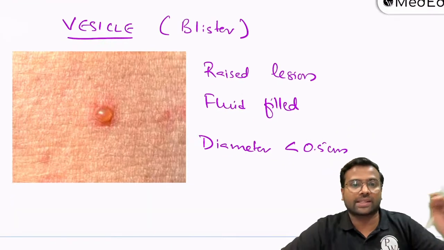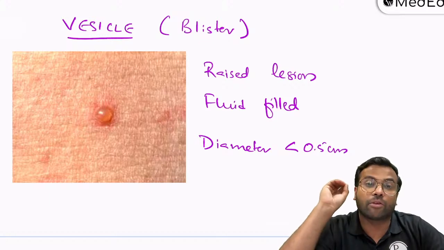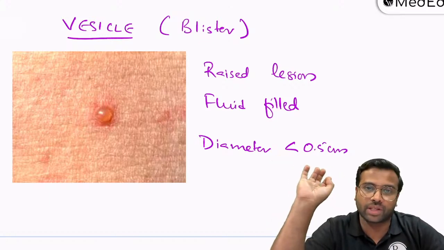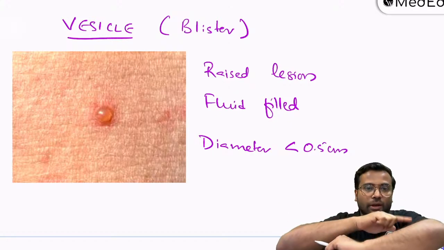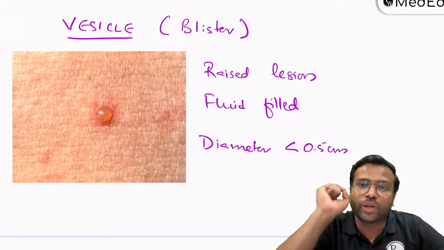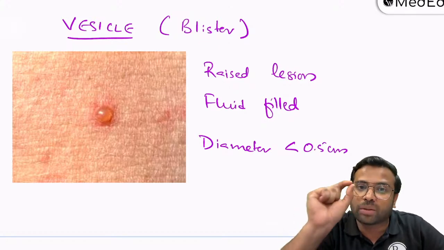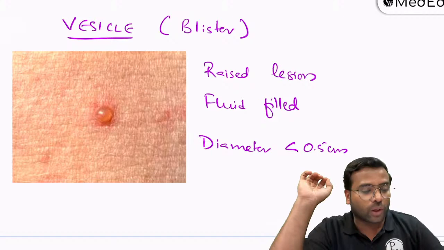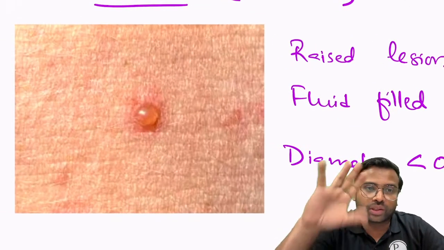This is what we call a vesicle or a blister. Okay? So anytime you see a patient who is having this kind of a raised lesion, and the moment you see that, acha, there is some fluid or some water beneath this lesion, then you call it a vesicle. I'm just zooming it for you for your understanding. So this is going to be a vesicle.